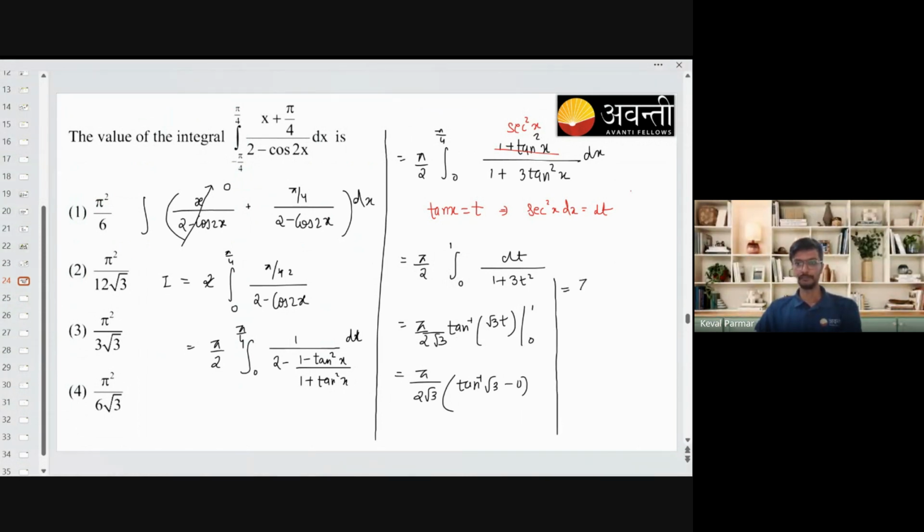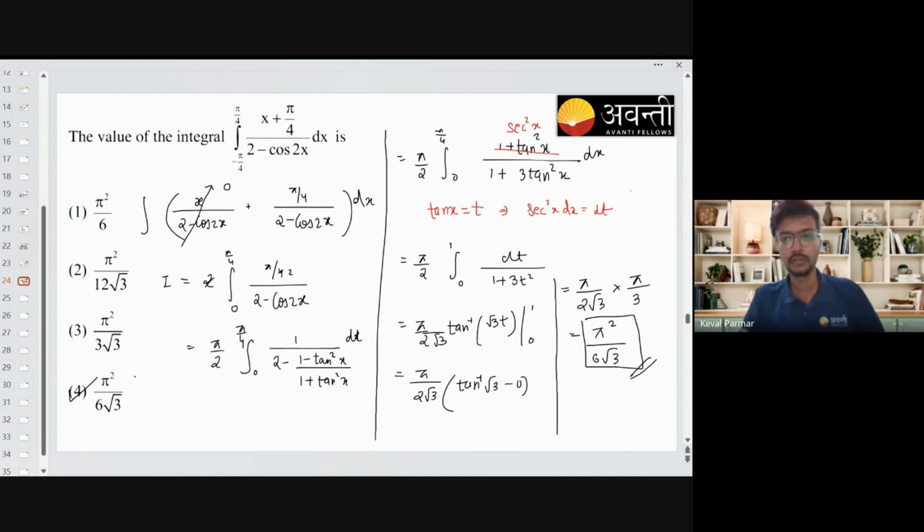So it will be pi upon 2 root 3 into tan inverse of root 3, which is pi by 3. So I think pi square upon 6 root 3 is our answer, which is option D, option 4. I hope it is clear.